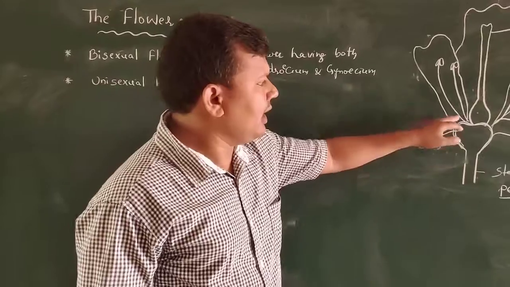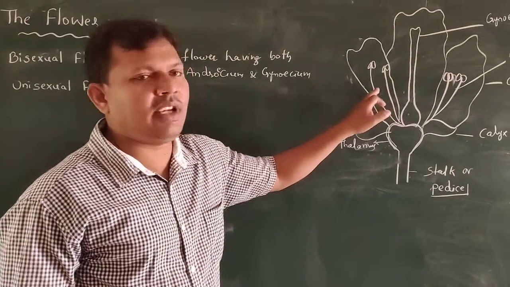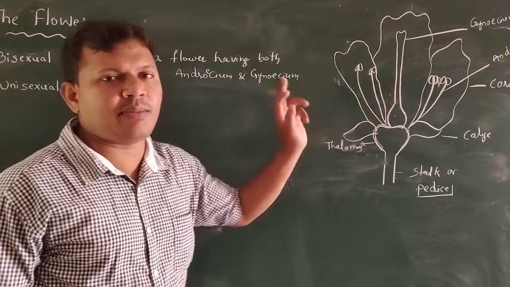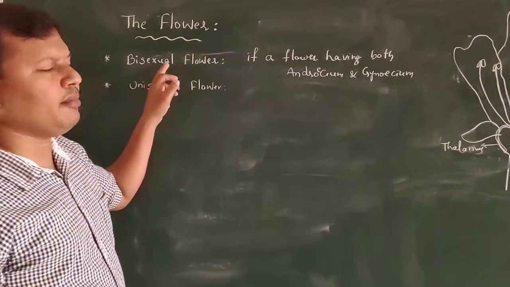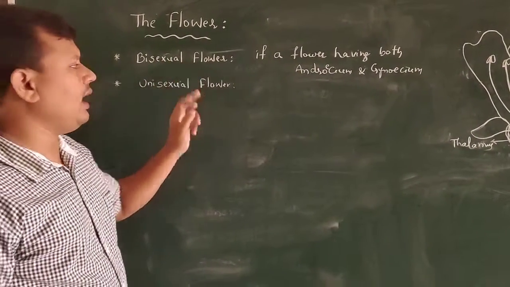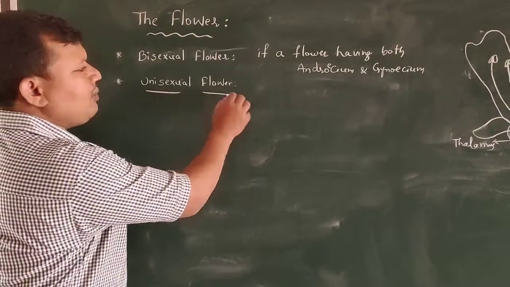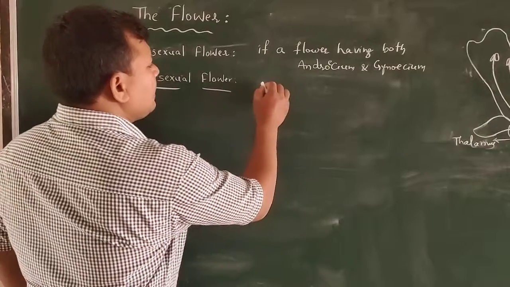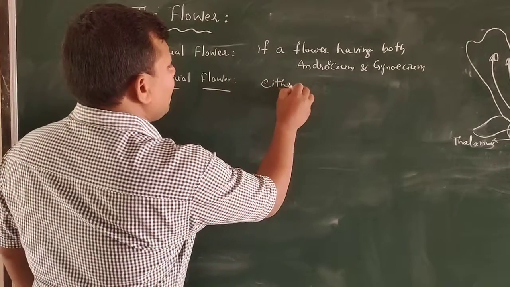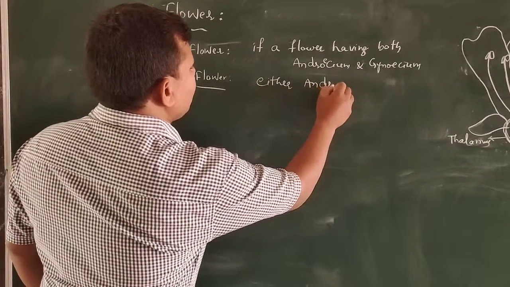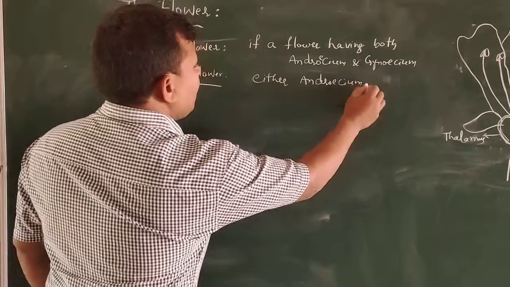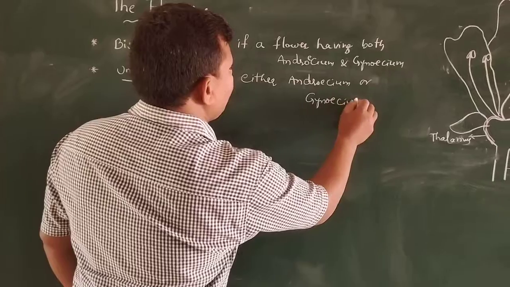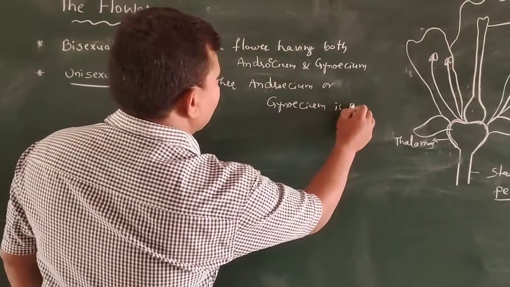So in a flower, if both the male and female parts, that is the androecium and gynoecium, are present, that can be called a bisexual flower. And unisexual means, uni means single. So in this, either androecium or gynoecium is present.